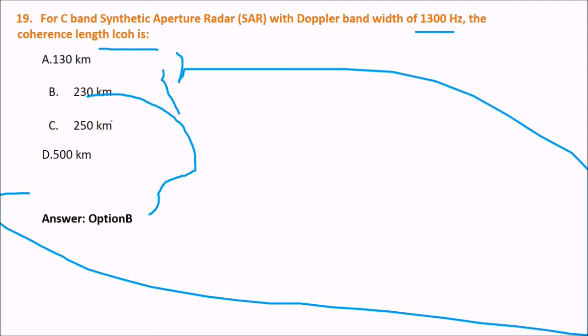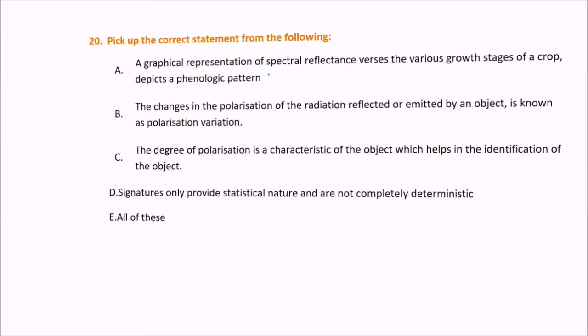Since this is frequency and the answer is in meters or kilometers, you can easily compute it using the speed of light. The answer is 230 kilometer. You can directly use c = f lambda and you'll get the answer.